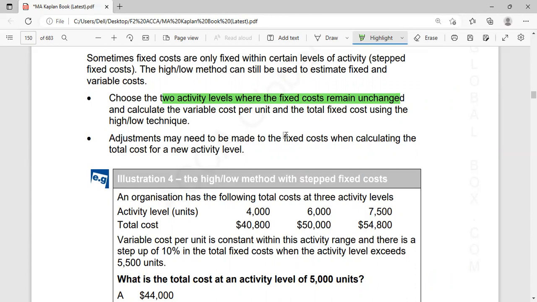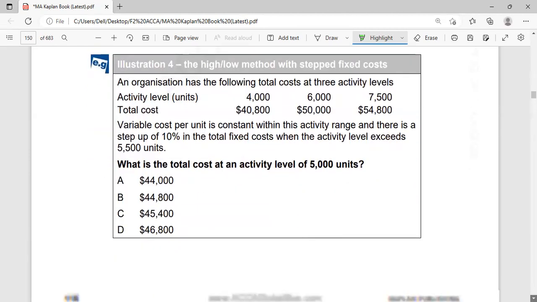Either it's with step up or it's without step up. The two activity levels should be either with the step up element or without the step up element. Use those two activity levels to calculate the variable cost per unit, and then afterwards you need to make some adjustment while calculating fixed cost. Now let's understand with this example, then you will get the concept better.